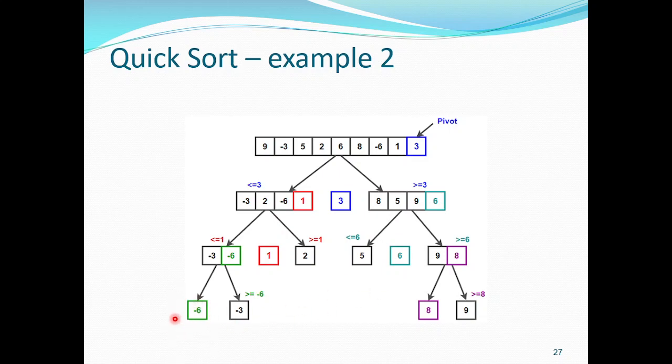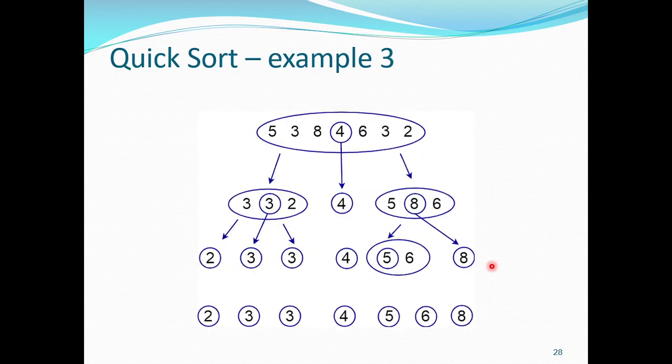So the example will be -6, -3, 2, 3, 5, 6, 8, and 9 as the sorted list for quick sort.